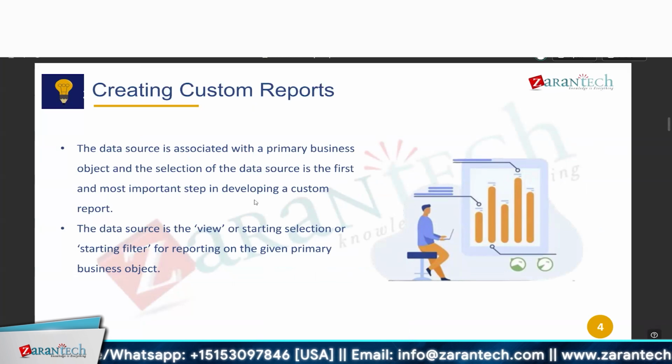So each custom report requires a data source, which will source the data for the user. Each data source will have a primary business object, and that business object in turn relates to multiple child business objects.